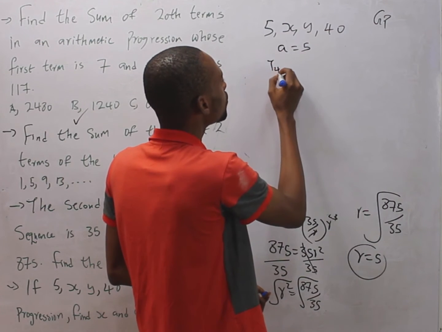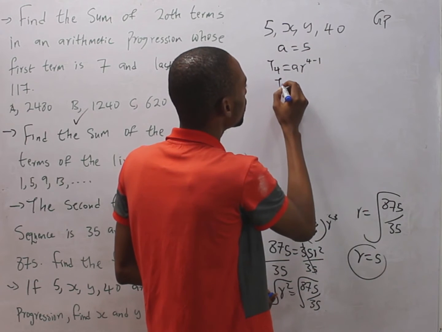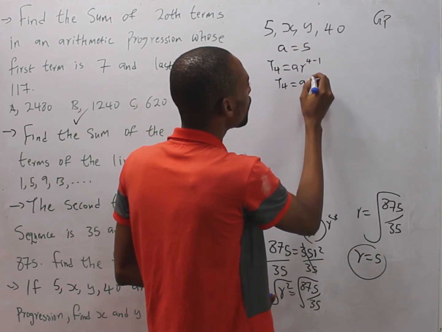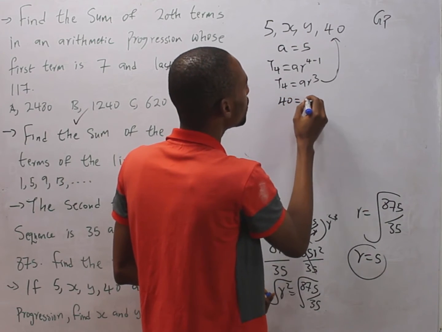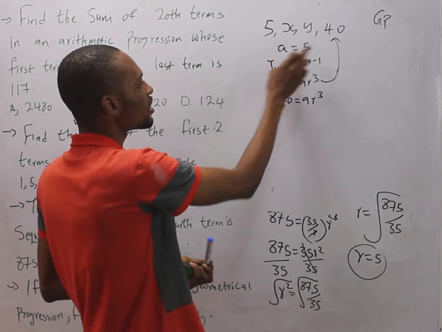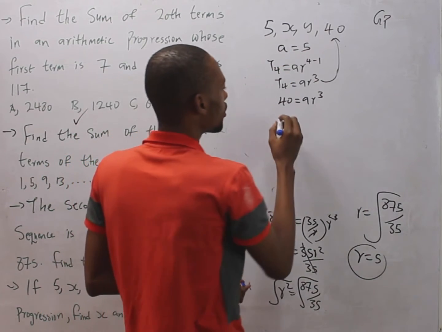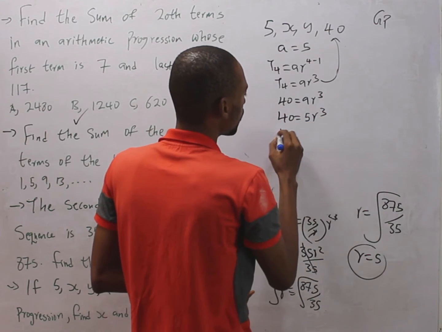The fourth term T4 equals a r to the power of 4 minus 1, so T4 equals a r cubed. Since T4 is 40, 40 is simply a r cubed, and a is 5, which means 40 equals 5 r cubed.